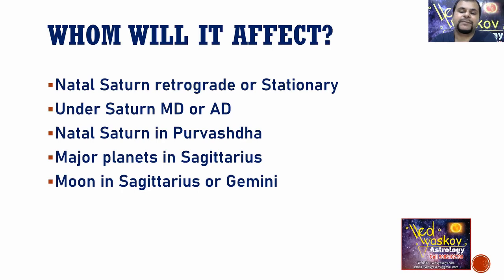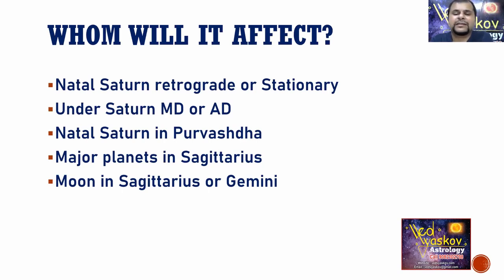For stationary planets also, those people who have either a retrograde or stationary planet in their chart will feel a kind of sudden urge or bulge or suddenness, uneasiness in their life or in the surroundings. So the people who will be affected the most would be people who have either retrograde Saturn or stationary Saturn.